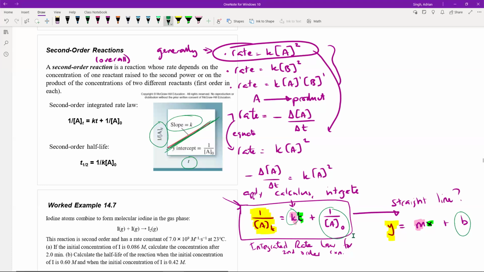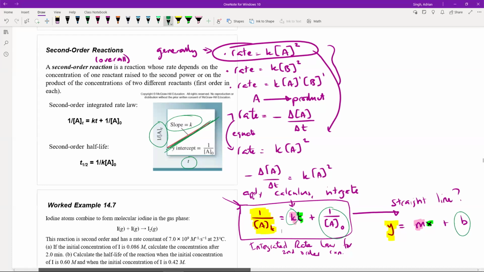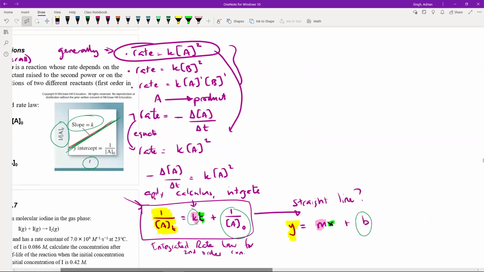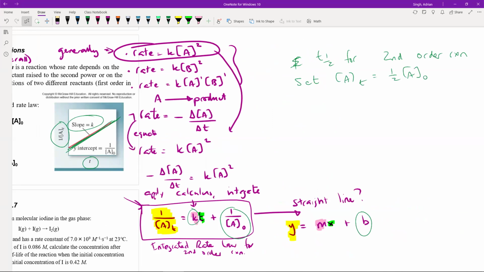Similarly, like with the first order reaction, in order to determine the half-life, so T1/2 for a second order reaction, here we can set the concentration of A at time t being equal to half of concentration of A at time 0, right? So that's what we define the half-life is when the concentration has decreased to half its original value.